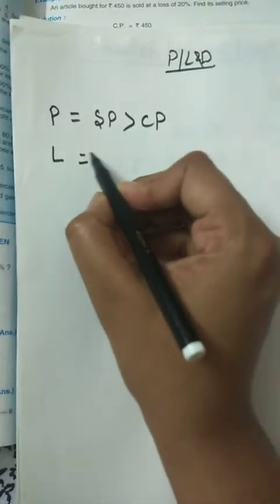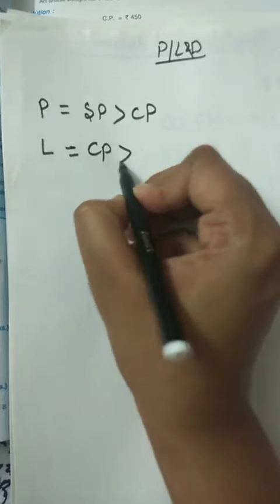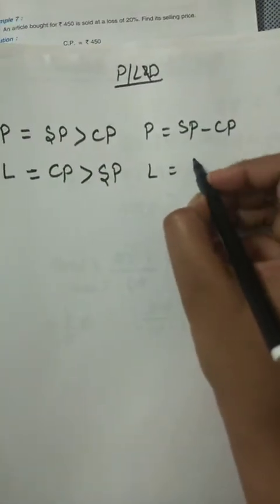Loss is something we suffer when cost price is more than selling price. So from here we can conclude that profit will be equal to selling price minus cost price, and loss will be equal to cost price minus selling price.